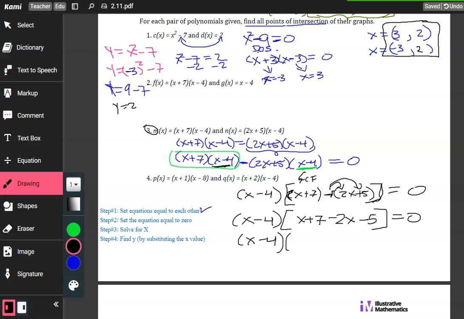Okay, let's combine like terms right here. This is 1x minus 2x, which is negative 1x, and then 7 minus 5 is 2.